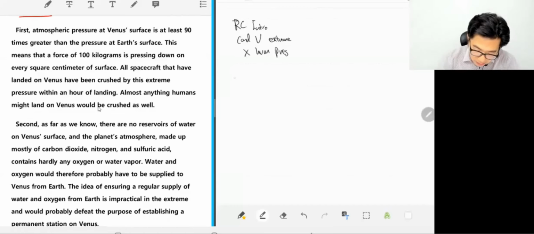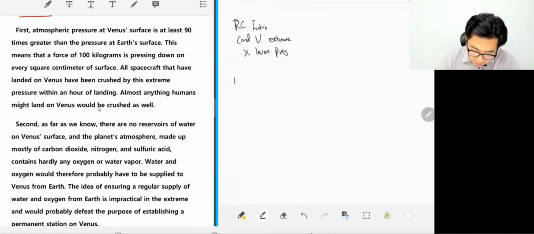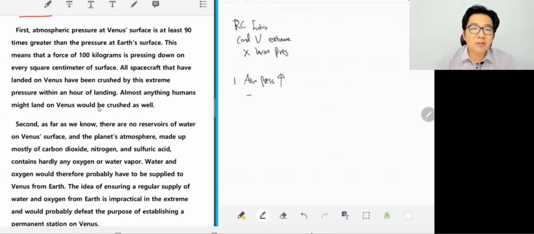So first body: atmospheric pressure too much compared to Earth. This means 100 kilograms pressing down. I could have written 100 kilograms, but I can see all this detail as one, because I can always read these sentences again.